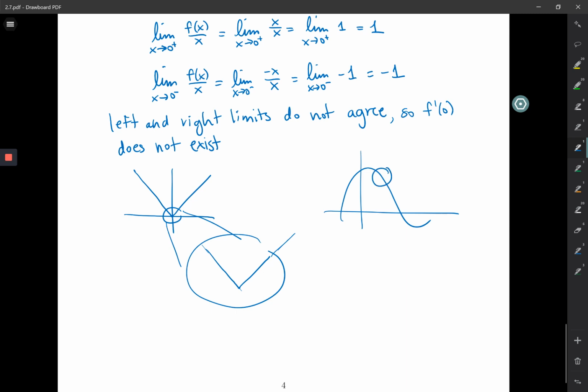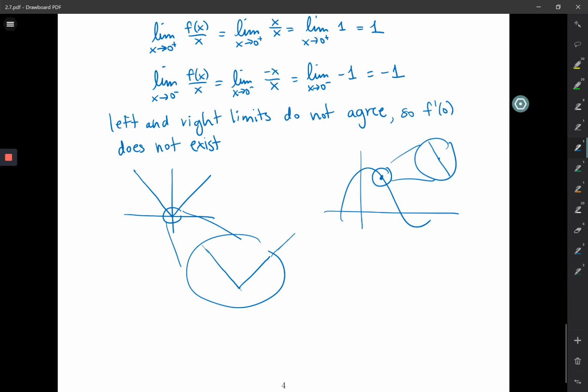If you were to imagine zooming in on this function a lot, you keep zooming in and zooming in, it will essentially look like a line, right? And so really close to that point, the function essentially behaves like a line.